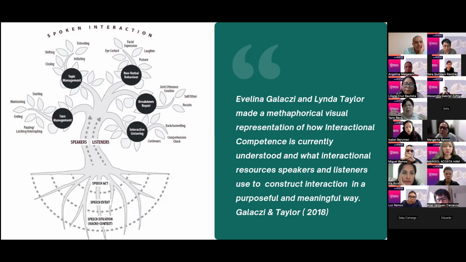Okay, so following what the experts say, my question is: how do we as professors imagine the process of spoken interaction? For example, do we know or understand what elements are in spoken interaction?